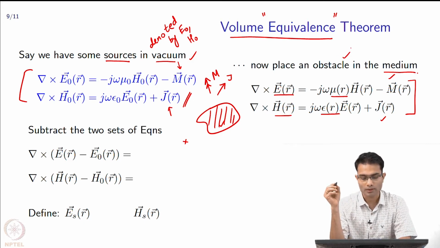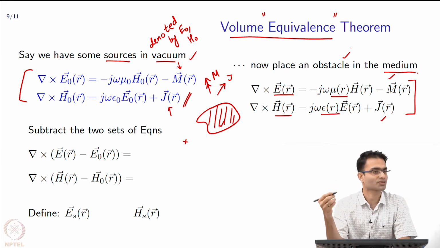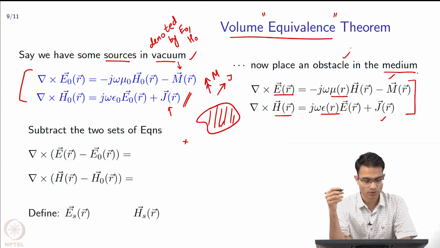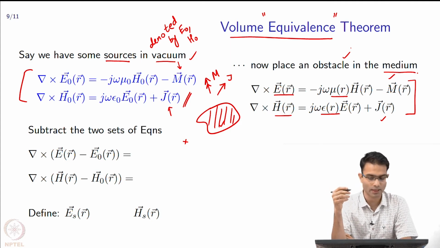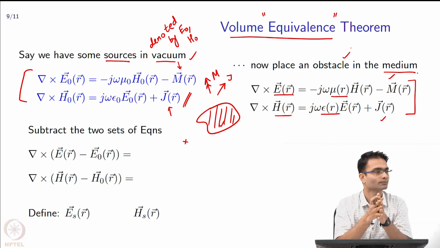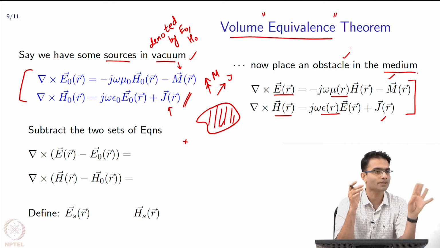Now, I do not want to deal with the external current sources M and J, because they may be very complicated to specify. So, the natural thing that I could do is take these two sets of equations and subtract them. If I subtract them, the advantage is what vanishes? M and J go away.